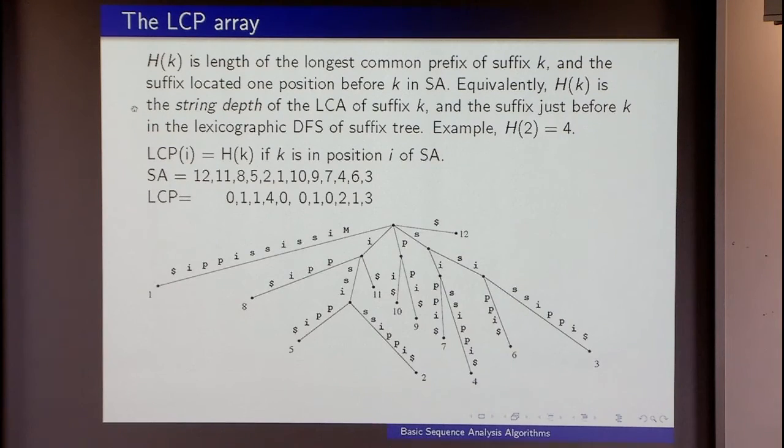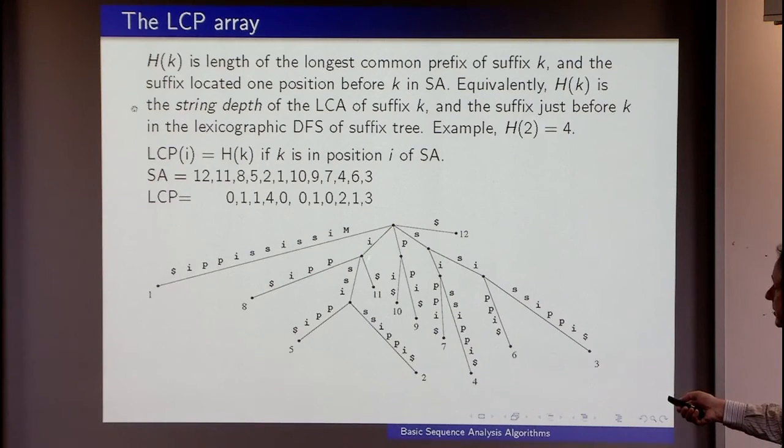Another way of thinking about this is, remember how I told you you can get the suffix array from a suffix tree. You just do a lexicographic depth-first traversal of the suffix tree, and you'll pick up the suffix array. So two consecutive entries in the suffix array are the two consecutive leaves visited in that depth-first traversal. Remember, it's lexicographic.